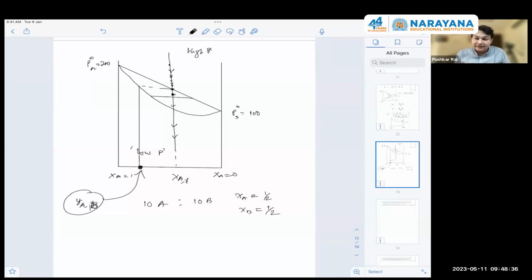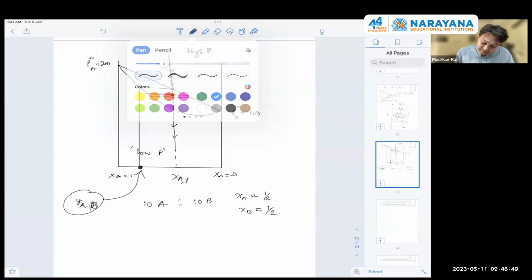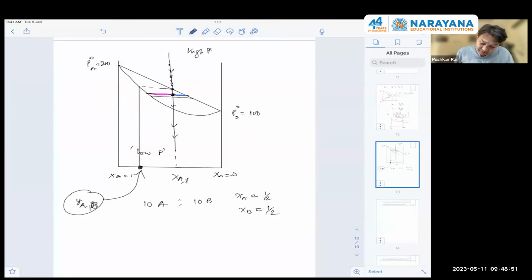What will happen? A very interesting thing will happen. Let me paint it by 2 lines. So there are 2 things, one red and one blue. You know what is this red?